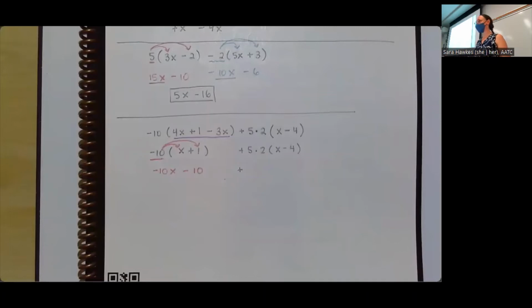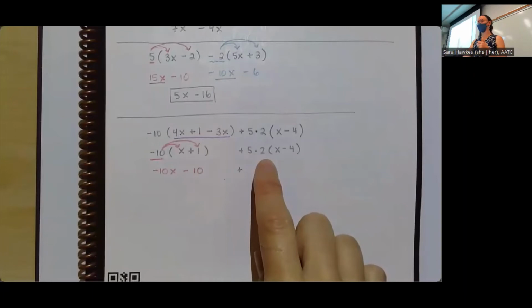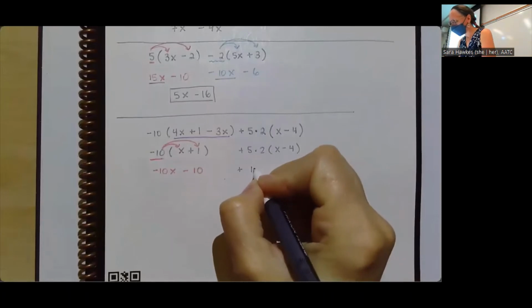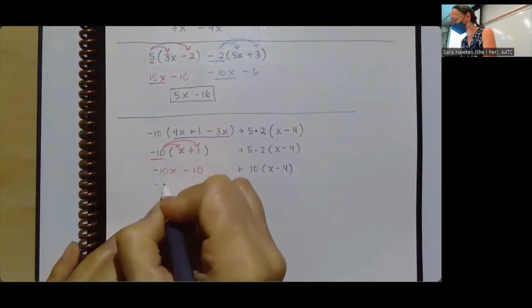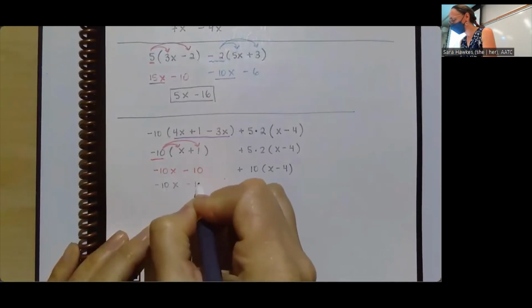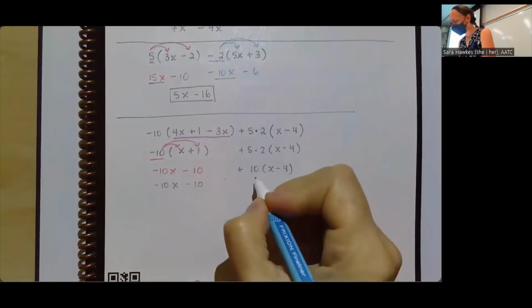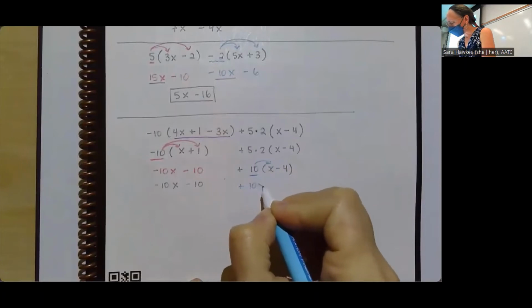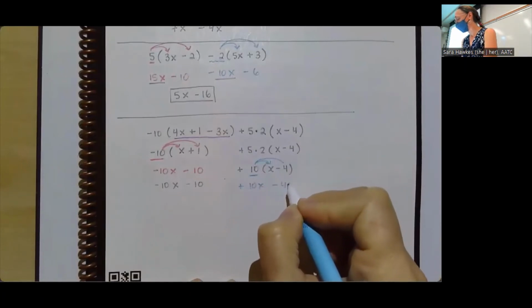You don't have to do that, but I'm going to deal with the 5 times 2 first, because 5 times 2 is 10. So now that is looking like 10 times X minus 4. I've got my negative 10X minus a 10, and now I'm ready to do the distribution thing again. 10 times X, I've got plus 10X, and 10 times negative 4, that's a negative 40.